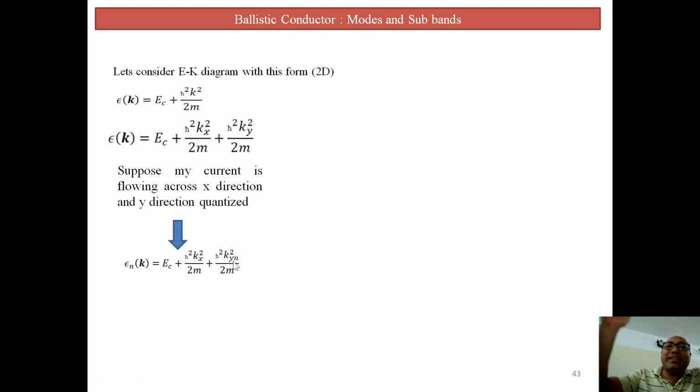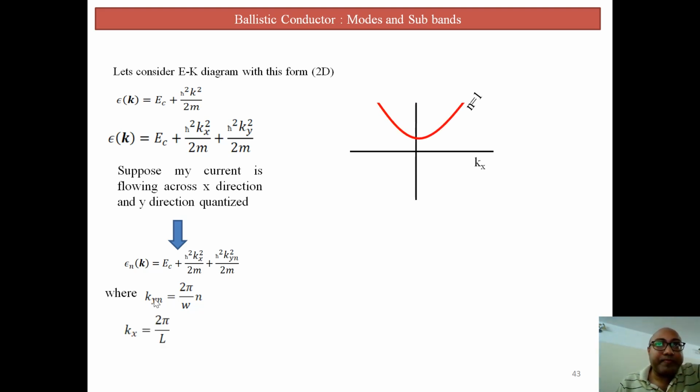Quantized means it has discrete values. Here n is an integer that gives the discrete values, and ky is equal to 2π over W times n, because the y direction has width W. Since W is very small and n is an integer, for every allowed value of ky you have to plot the kx dependence. So n equal to 1 gives one E-k diagram, n equal to 2 gives another, n equal to 3 gives another, so you get multiple E-k diagrams.